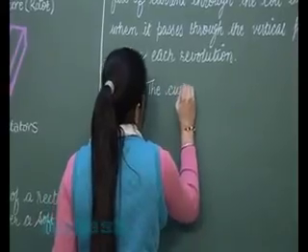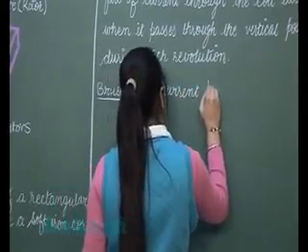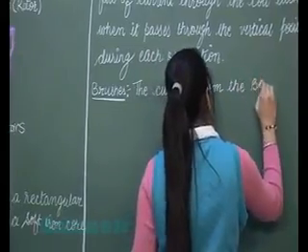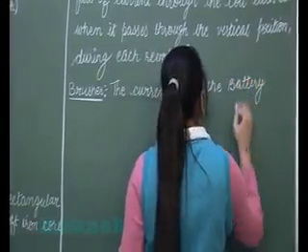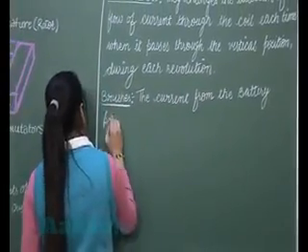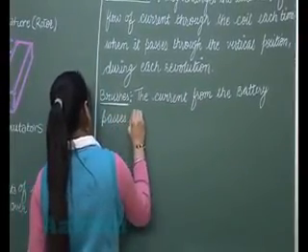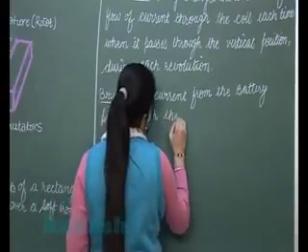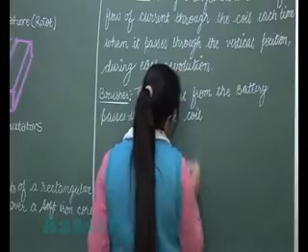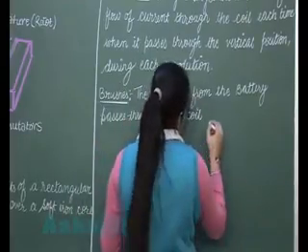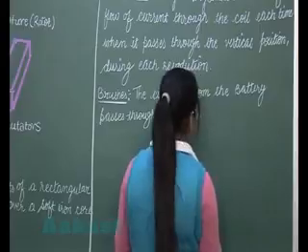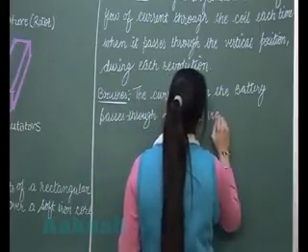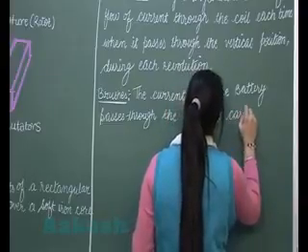the current from the battery passes through the coil, the current via carbon brushes.